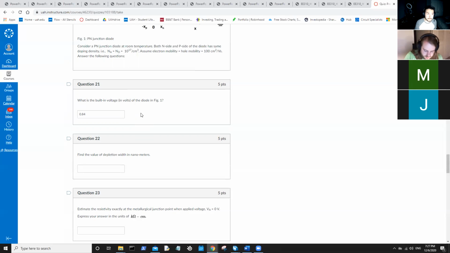NA and ND in this equation are both 10 to the 17th as given in the problem. And kT over q is just 0.026, another known constant. So the equation works out to be 0.026 times ln of 10 to the 34th over 10 to the 20th, and you just end up with 0.84 volts. And that's it.